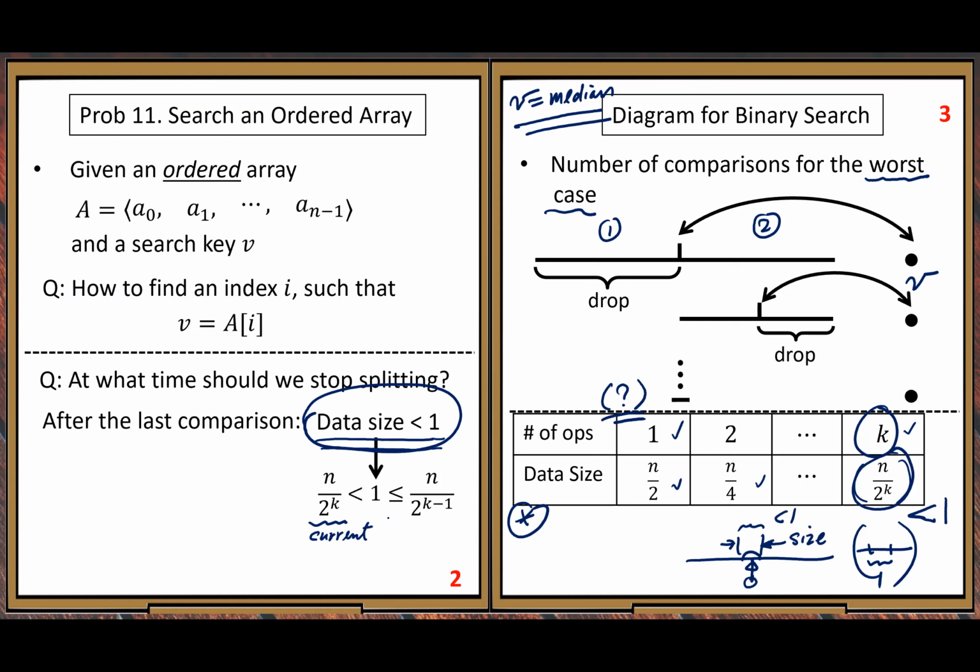The current size is strictly less than 1. The second one is the previous size. The previous size is greater than or equal to 1. If you find this kind of k satisfying these two inequalities, that k corresponds to your last round comparison.